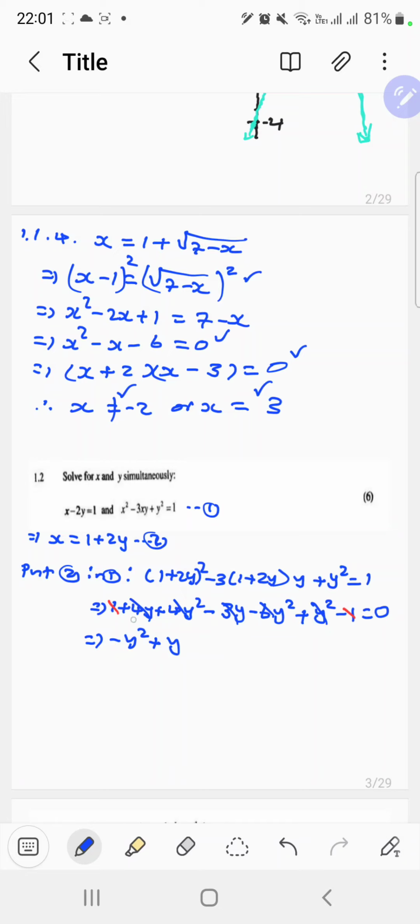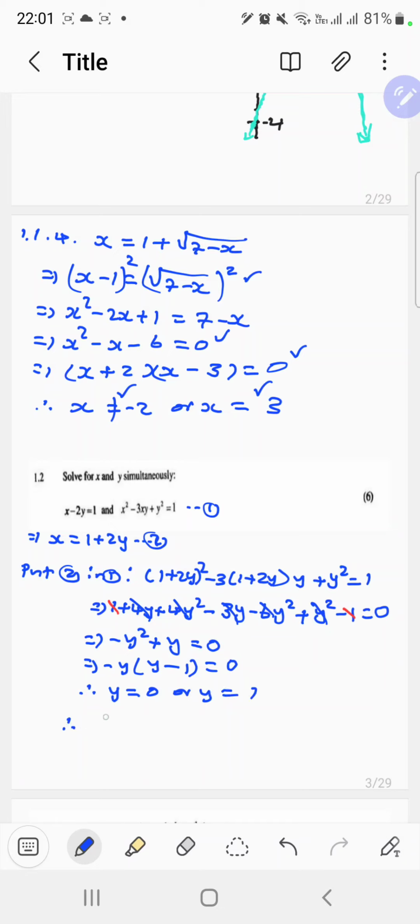And then is there anything? The answer is no. So that is equal to 0. And then we take out our highest common factor here, which is minus y into (y minus 1) equal to 0. So it comes out that y is going to be 0 or y is going to be equal to 1.